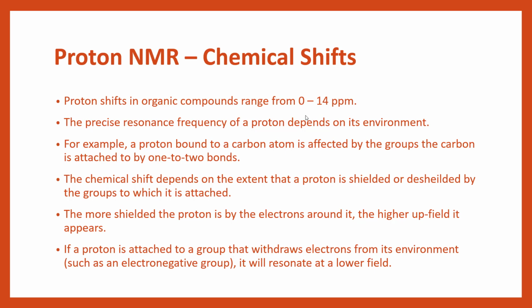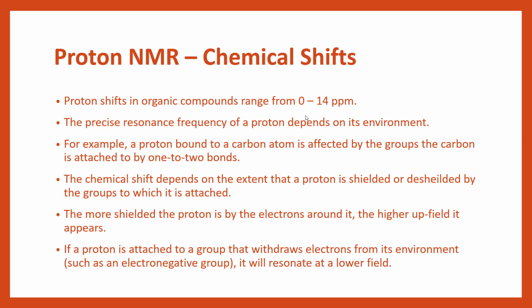So if we had a hydrogen just bound to a carbon atom, it's going to be affected by the groups the carbon atom is bound to. So typically it's neighbouring carbons, definitely the carbon group immediately bound to it, and sometimes up to two bonds away, okay? They may still have an impact on its chemical environment.